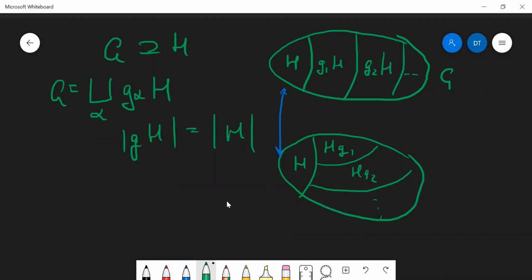So this is our goal. And this is called the Lagrange theorem.